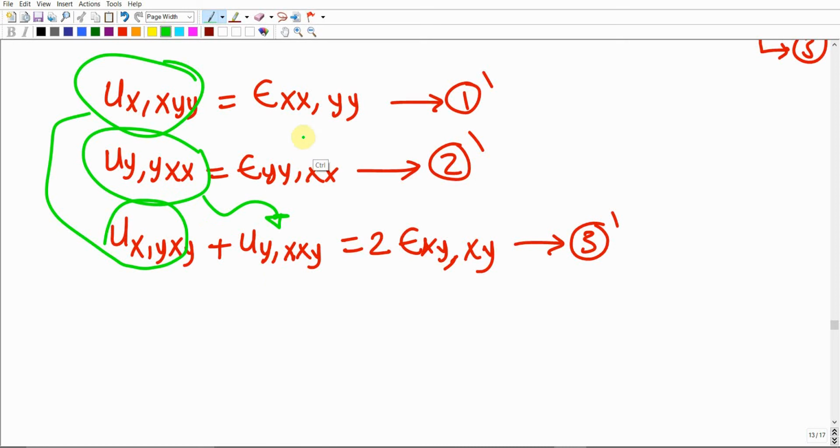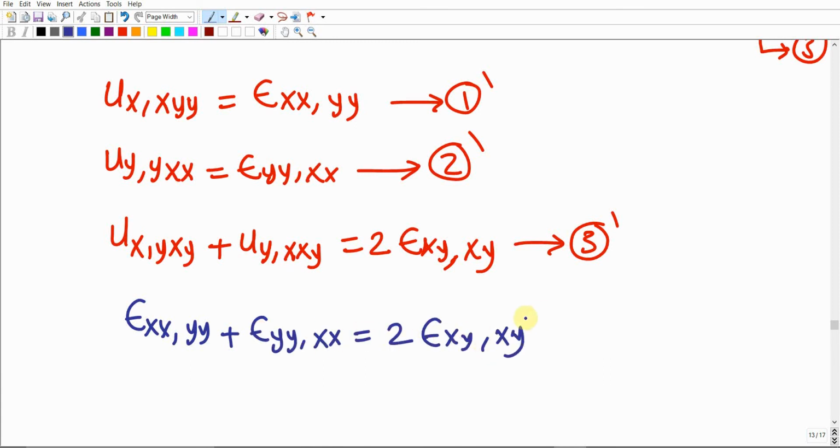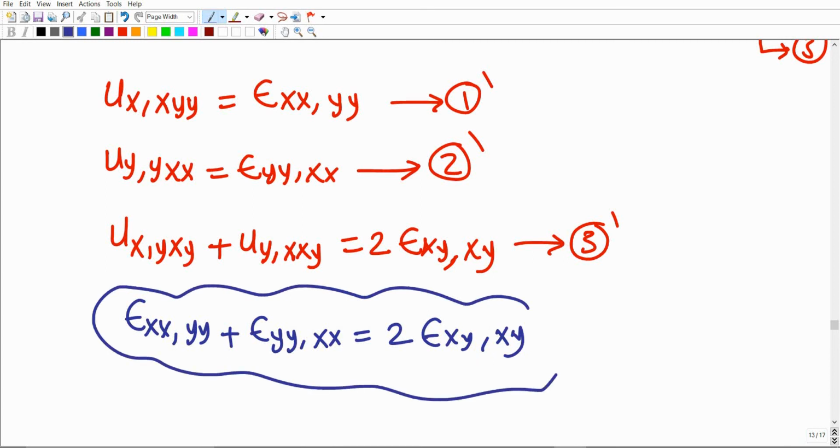So I can simply get rid of the displacement and substitute with the strains. So this term here, ux comma xyy, gives us epsilon xx comma yy, plus uy comma yxx gives us epsilon yy comma xx, equals 2 epsilon xy comma xy, and this is the compatibility equation.